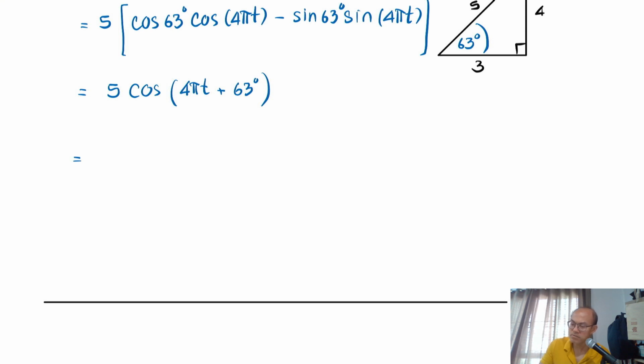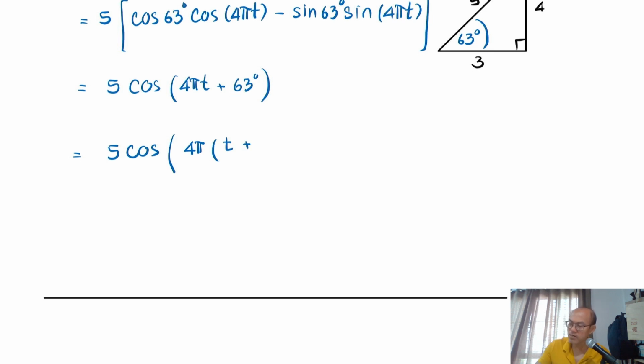This is equal to 5 cosine of 4 pi and then t plus. Now, what is 63? 63 is, if we want to turn it into radians, this is in degrees, right?